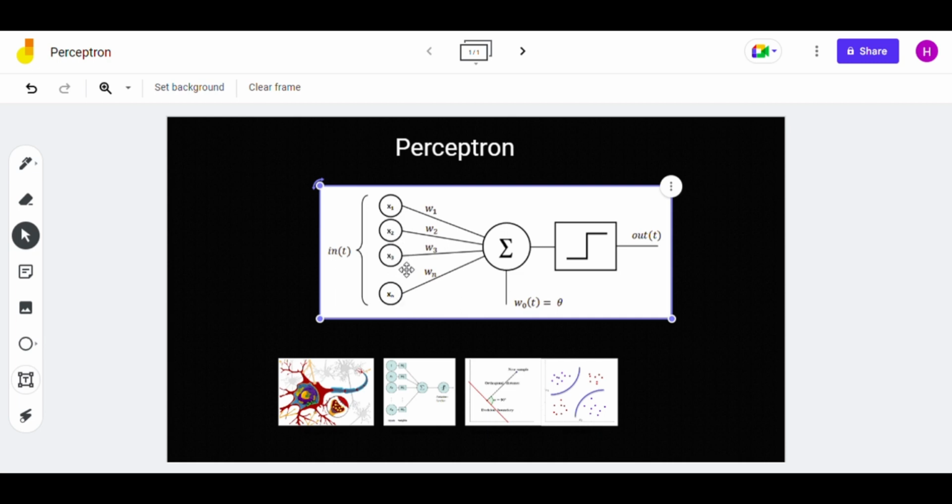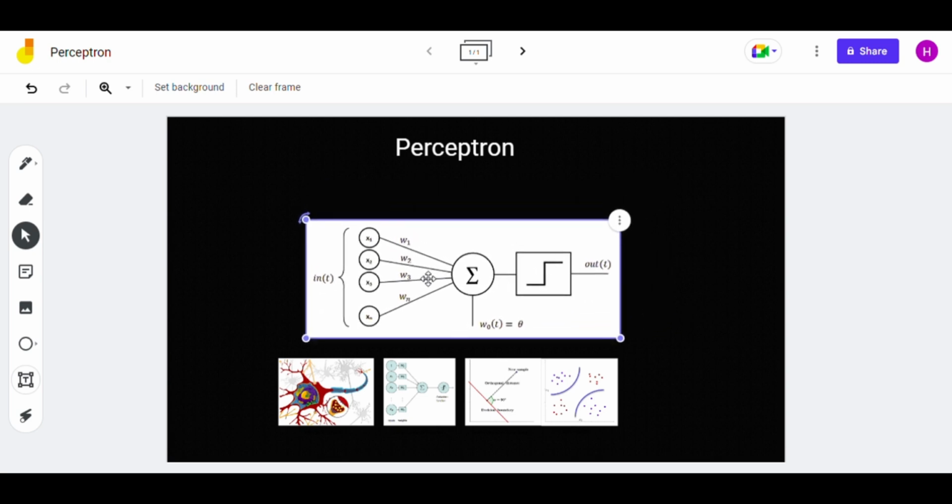The input can be basically any data set, or it can be images, or it can be anything that can be provided to a neural network as input. And w1, w2, w3, and up to wn, these are called weights. The purpose of weights is that they connect all of the different nodes in a neuron, and all of these inputs combine to form a z.